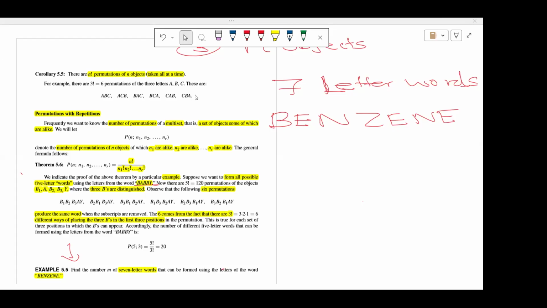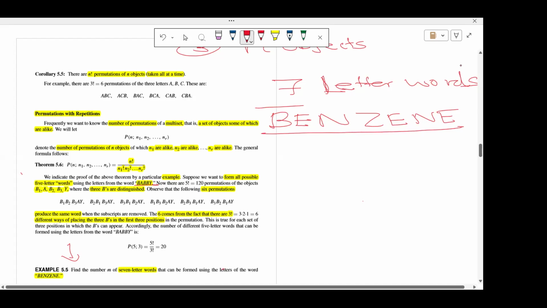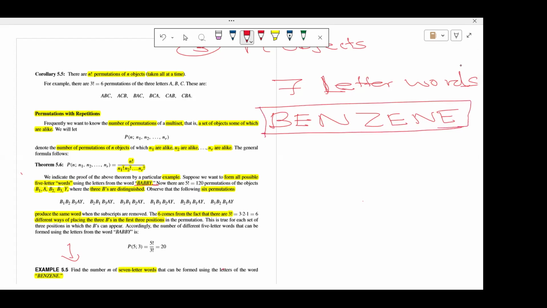What is the answer for this? How can we write the answer? They are giving 7 letters, benzene. The important thing you need to identify is that some letters are duplicating in this word. What if letters are duplicating?